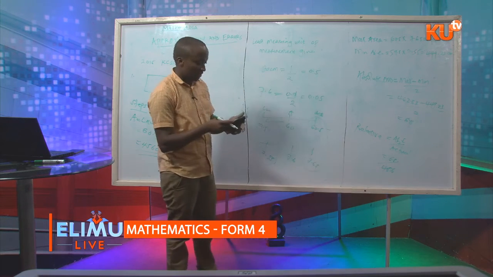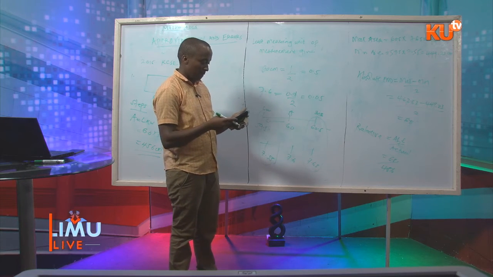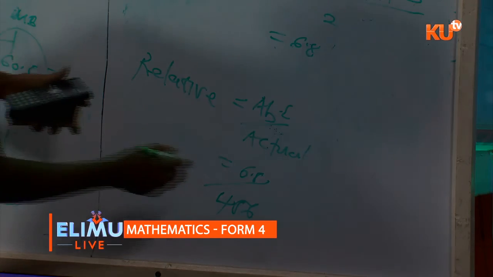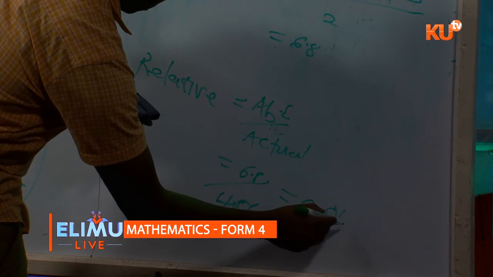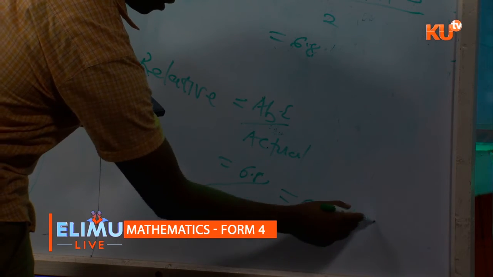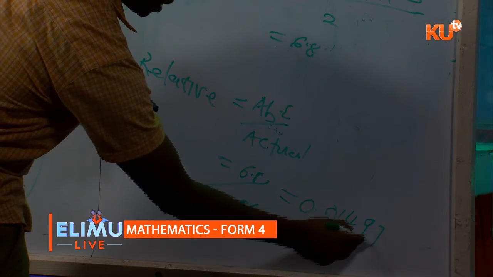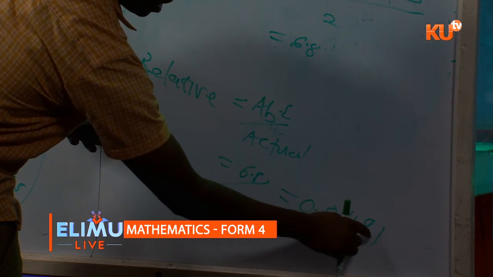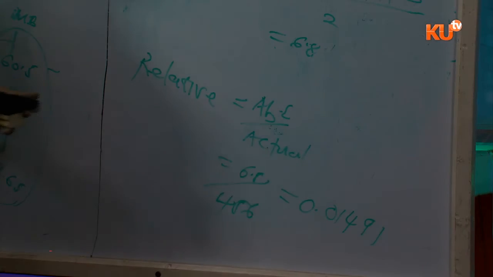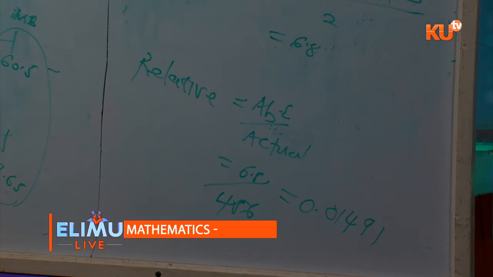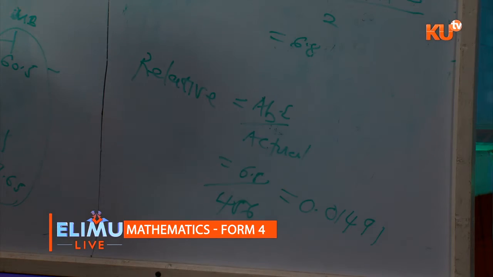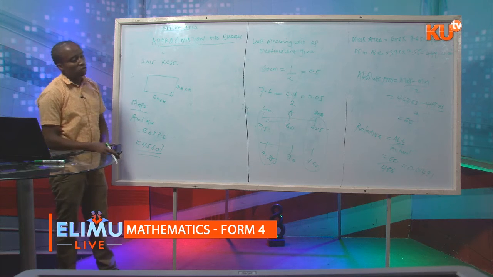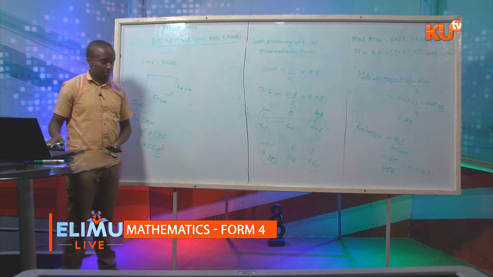So very simple, divided by 456, you get 0.01491. Just write in 4 significant figures because that is the standard requirement. For this one, 1, 2, 3, 4, those are 4 significant figures. That was the question. That is what you have been told to find.